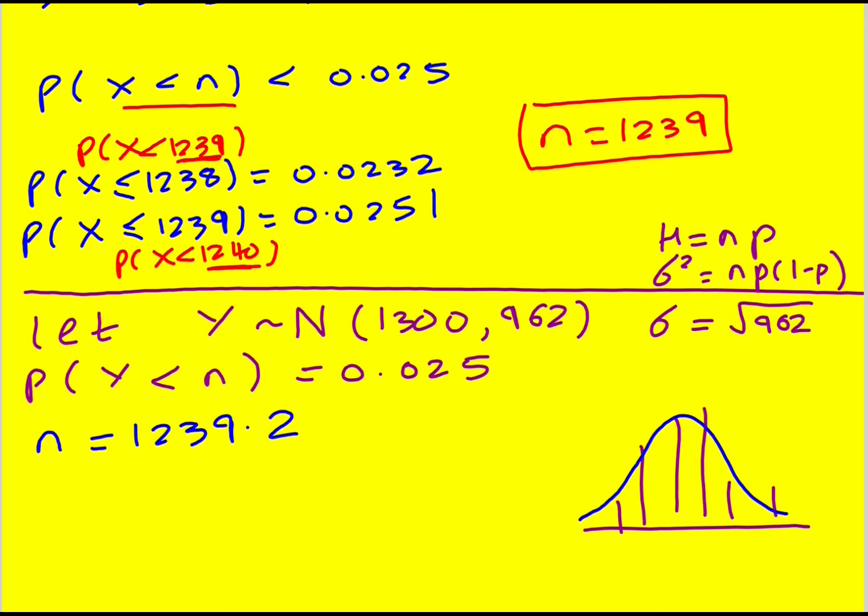Which means the smallest integer value, I probably shouldn't have called it n, to be honest. Let me change it to c. So smallest n is then going to be 1239.